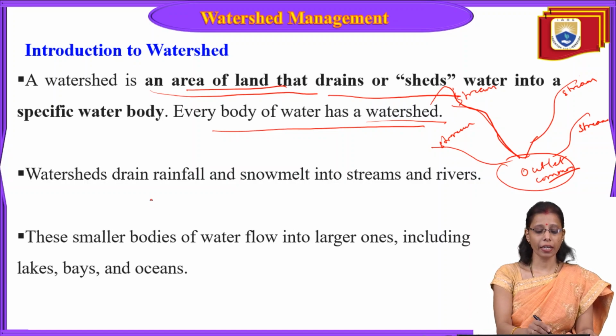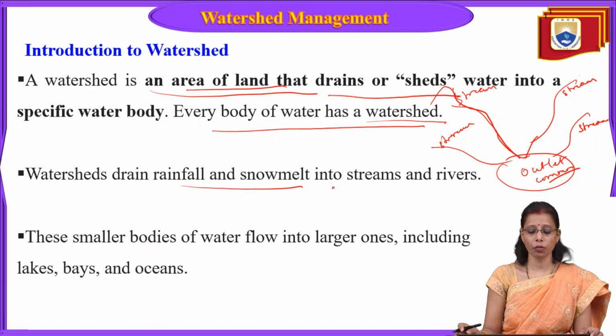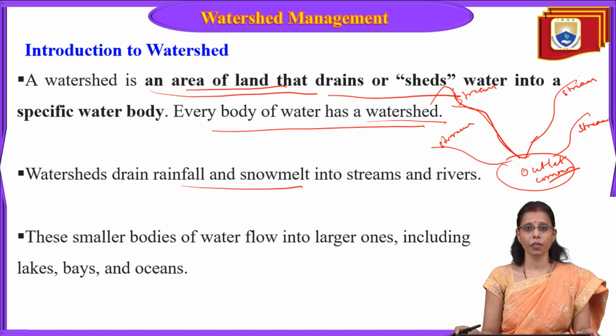A watershed drains rainfall and snowmelt into streams and rivers. The water in rivers comes through rainfall: whenever rainfall occurs, it drains from the higher region to lower-lying regions, and the water is collected there. It also comes through snowmelt.